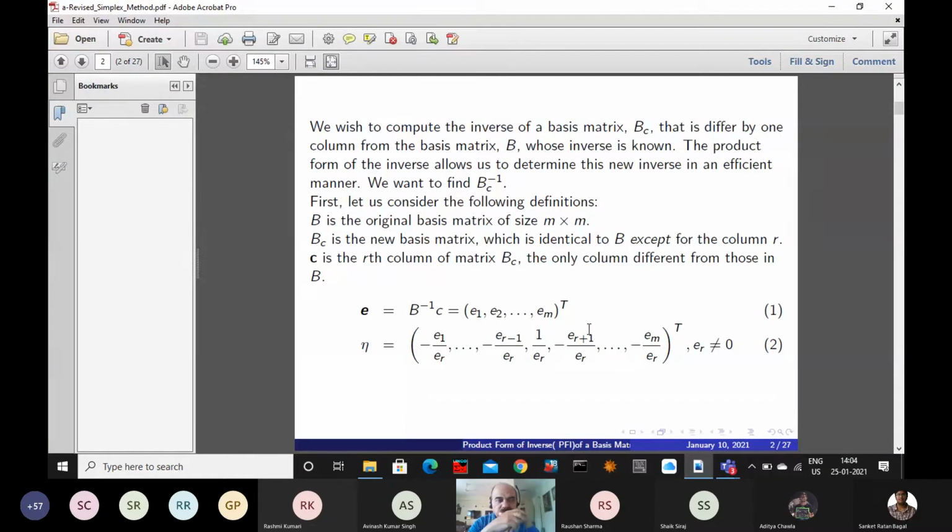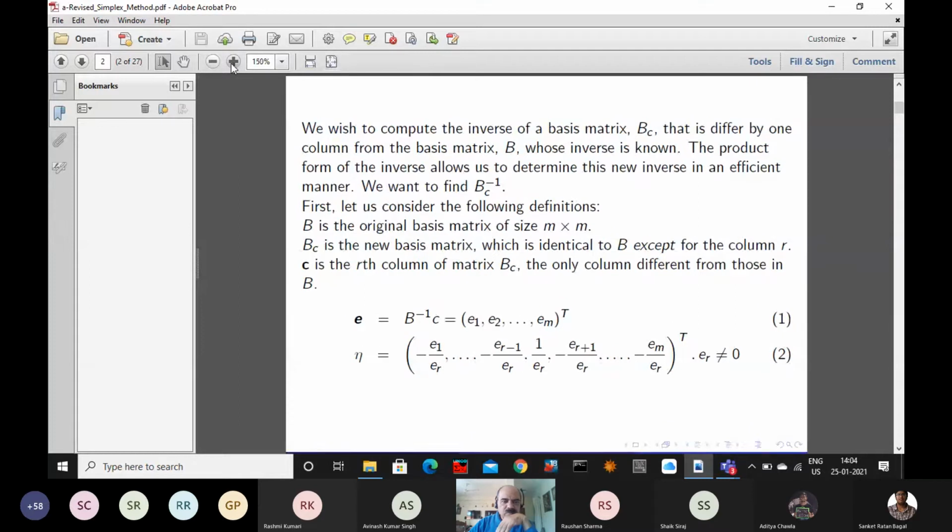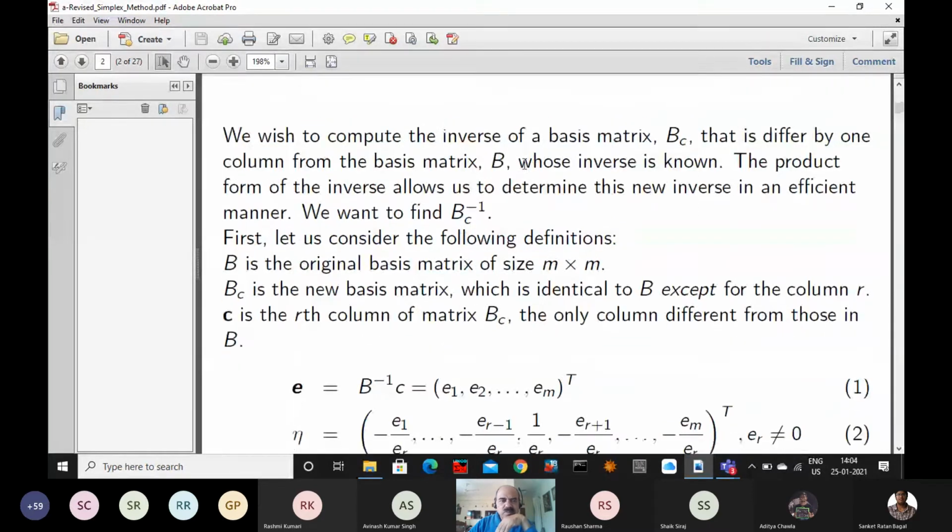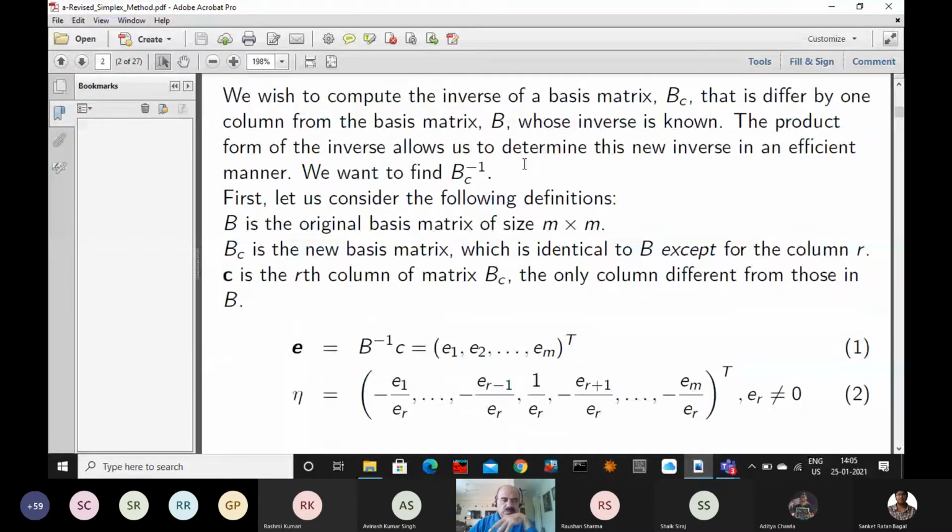The rule is like this. We wish to compute the inverse of a basis matrix. In the basis matrix BC, only one column is differing.